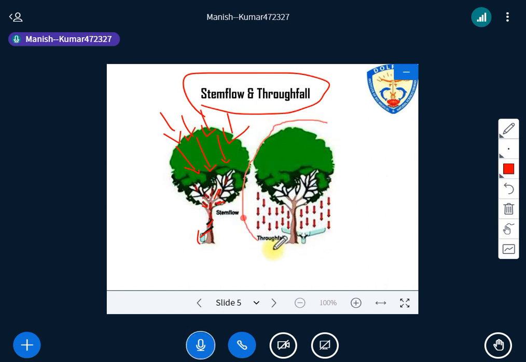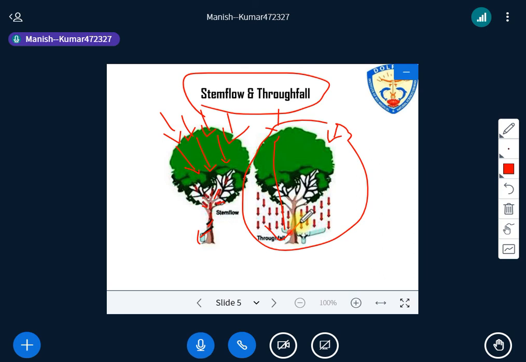Just look at that, throughfall. As you have seen, despite there being an arrangement of leaves on this structure, we still find certain gaps, isn't it? So when rainfall happens, there is no resistance in between, and the precipitation just falls to the ground directly. That's called throughfall. Again, listen carefully.